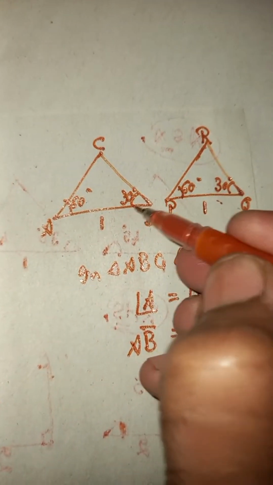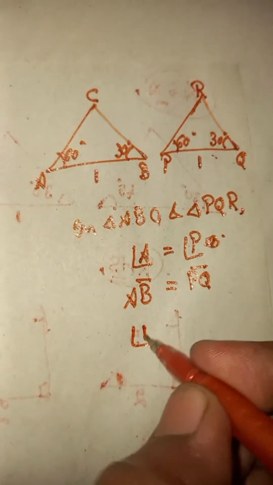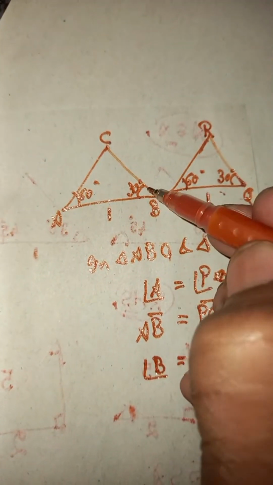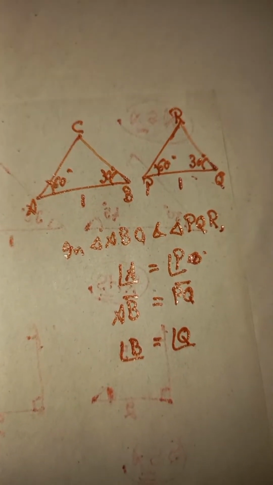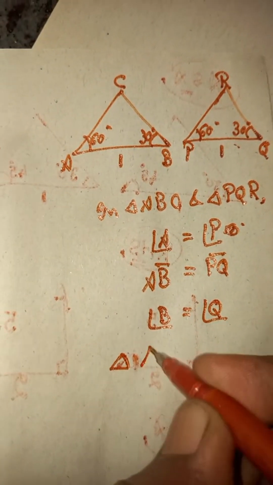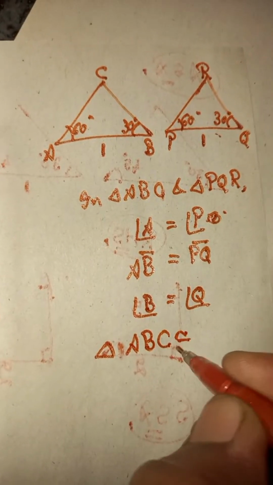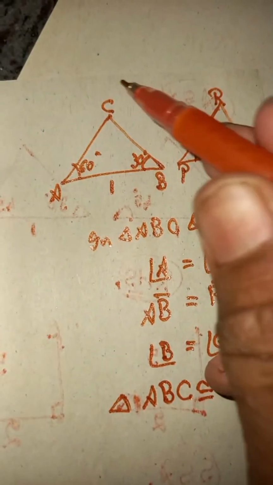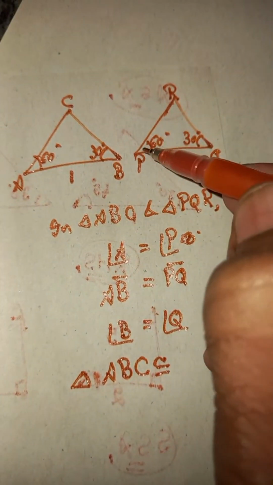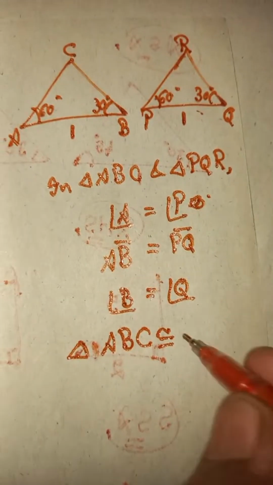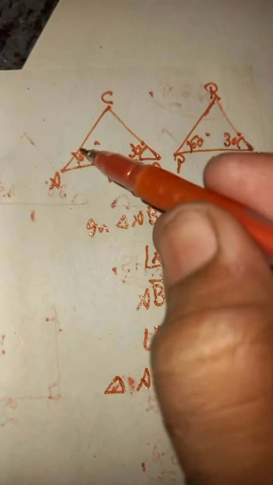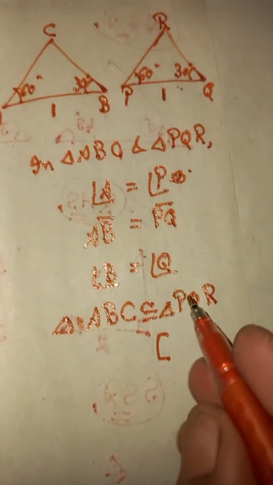And this angle, angle B equals angle Q. So this is angle side angle equal to angle side angle. So you can write these two triangles as congruent. That is triangle ABC is congruent to triangle PQR with corresponding sides, 60, 30 and the side. Which type of congruency is it? It is angle side angle, ASA.